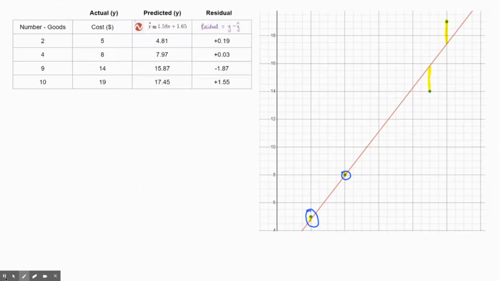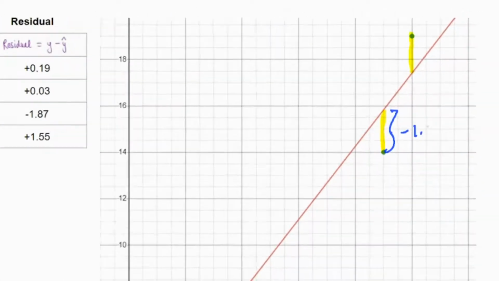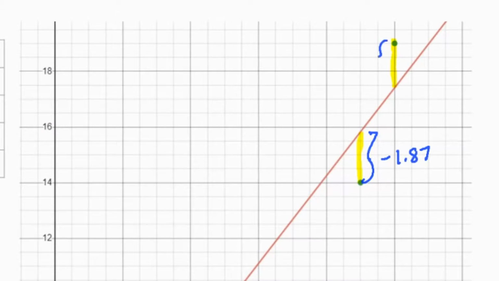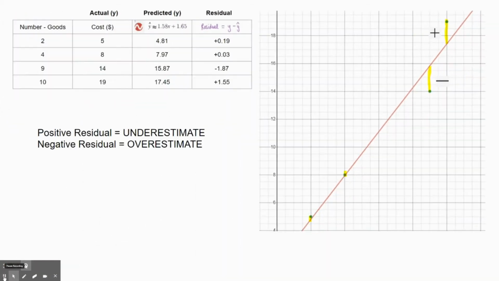That even looks like it's hitting the dot right there. But as you can see, this was a pretty big negative residual right here. This is negative 1.87. And right here, a fairly sizable positive residual of 1.55. Remember that a positive residual means we underestimated by a certain amount, and a negative residual means we overestimated by a particular amount.